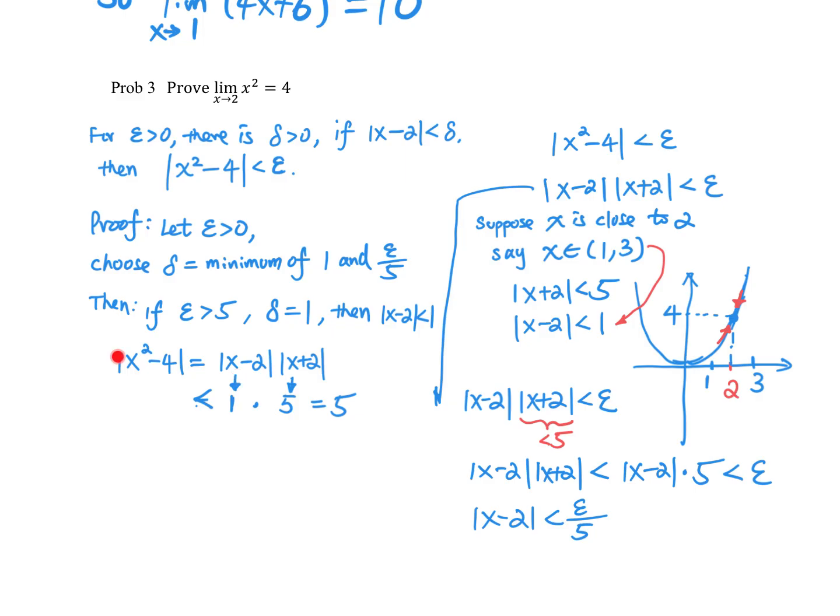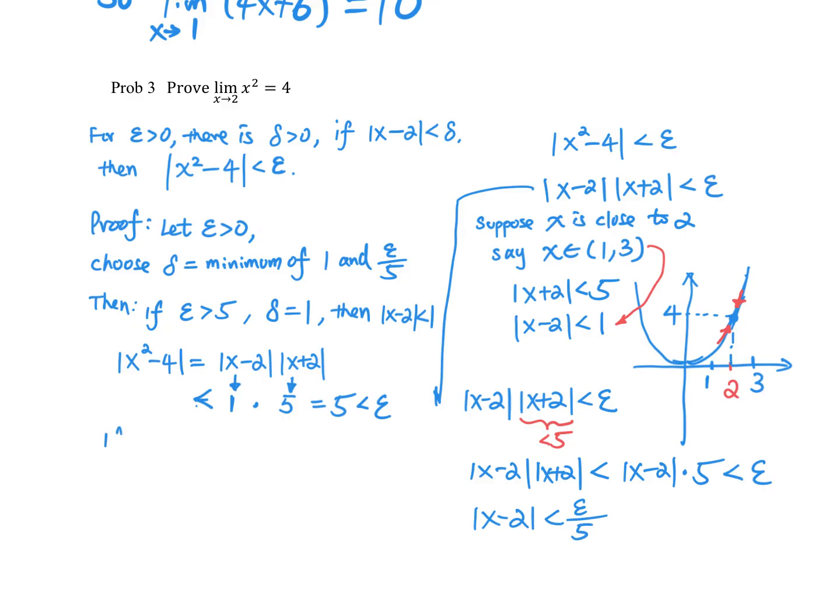So you can see that this guy is less than the epsilon you choose because epsilon is greater than 5, less than epsilon. As long as I take x closer to 2, within 1 around 2. So this is true.